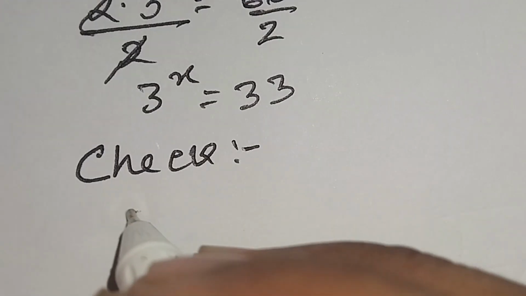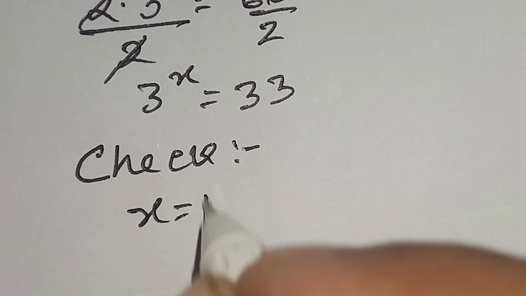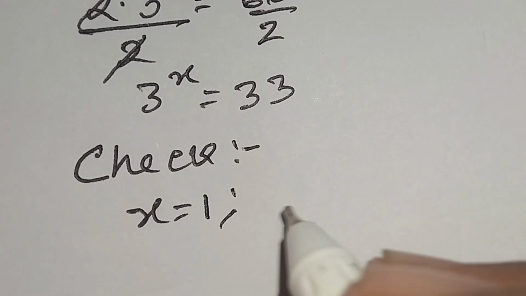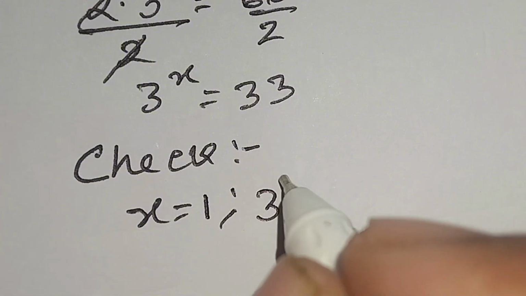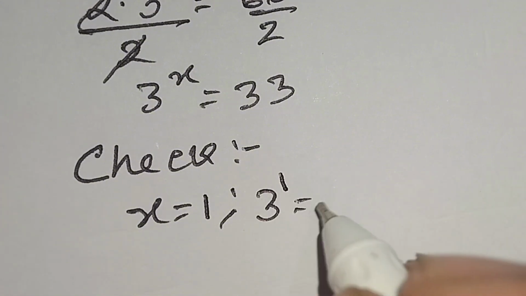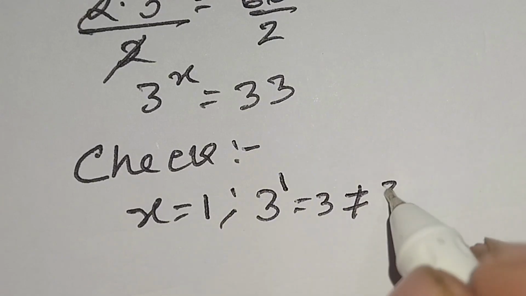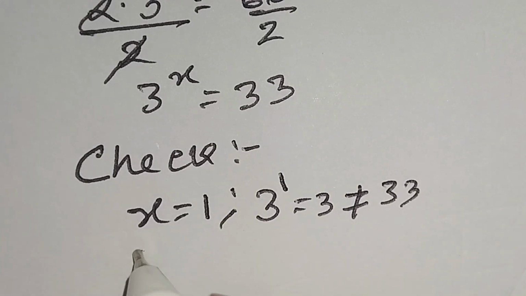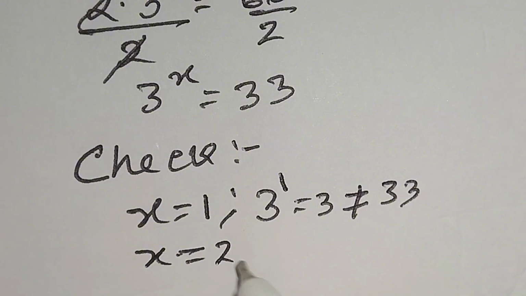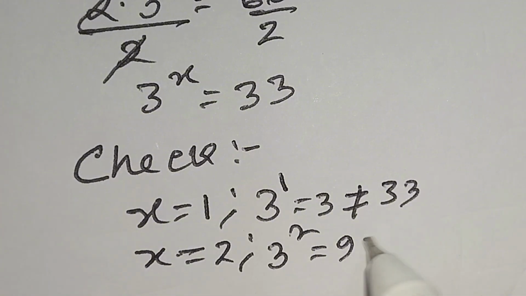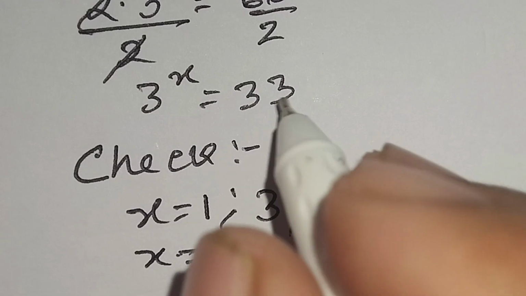When x is equal to 1, then 3 to the power x becomes 3 to the power 1 is equal to 3, which is not equal to this 33. When x is equal to 2, then 3 square is equal to 9, which is not equal to this 33.